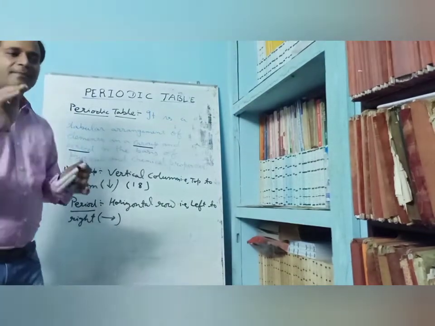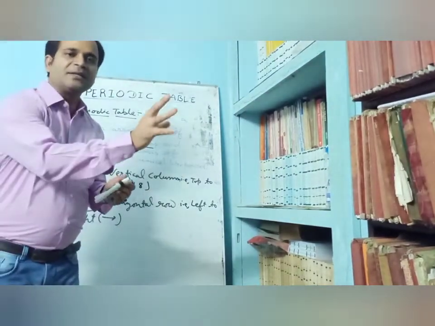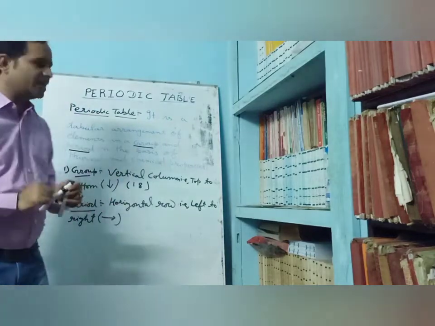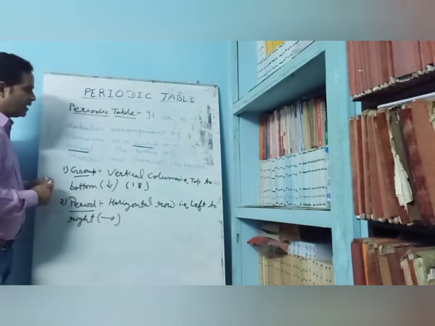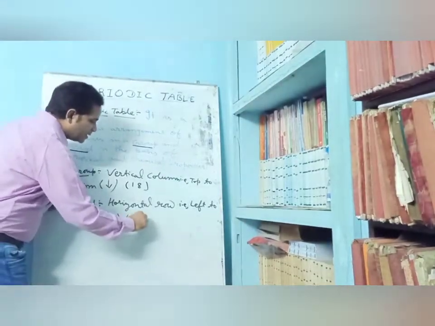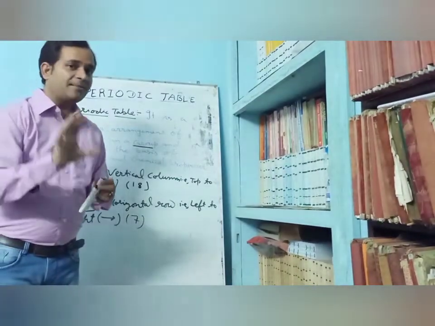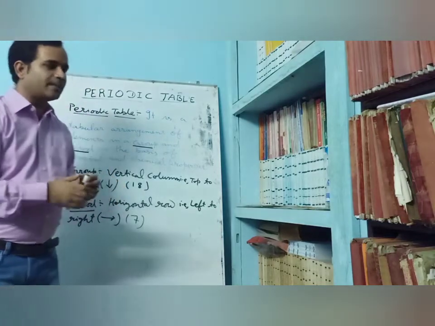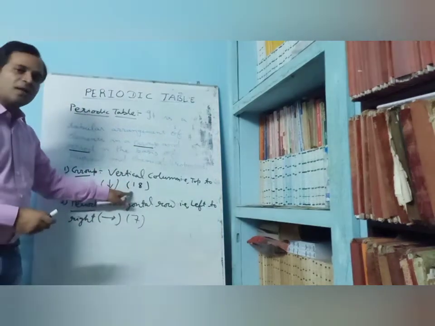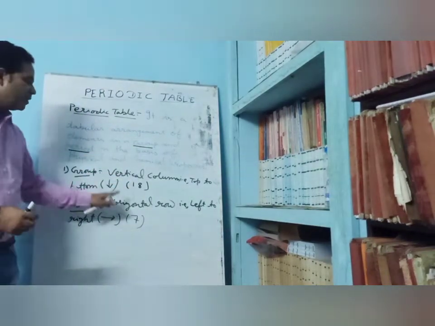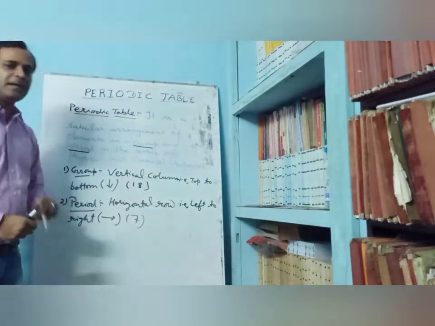It means a horizontal row, and this horizontal row is termed as period. And how many periods in PT? 7 periods. In the modern periodic table, the concept I am telling you is 18 vertical columns, that is groups, and 7 horizontal rows, that is periods.